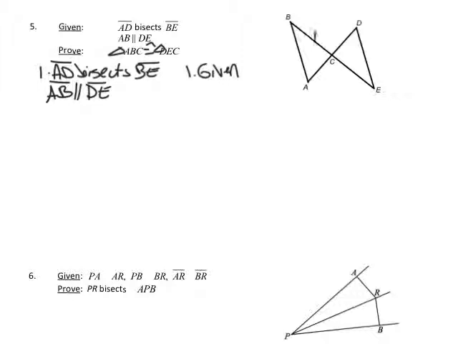The only thing I can get out of that is that BC and EC are going to be congruent, not AC and DC. So here's my statement. BC is congruent to EC because that's the one that's being chopped in half by the definition of a segment bisector.